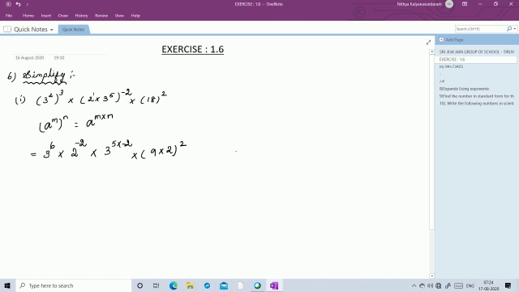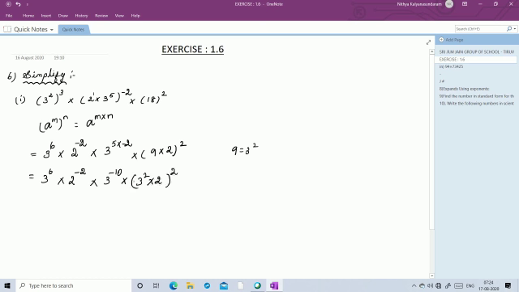So instead of 9 you can write 9 is equal to 3². So 3⁶ multiply 2^(-2) multiply 3^(5×-2), 5 2s are 10, so minus 10, multiply 9² we can write (3² × 2)².